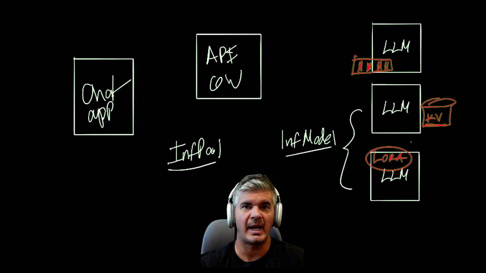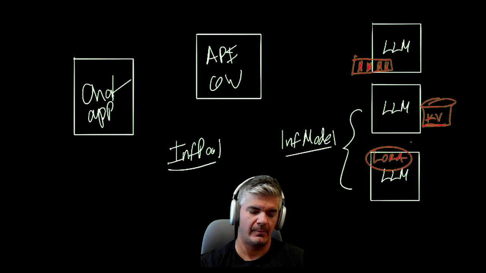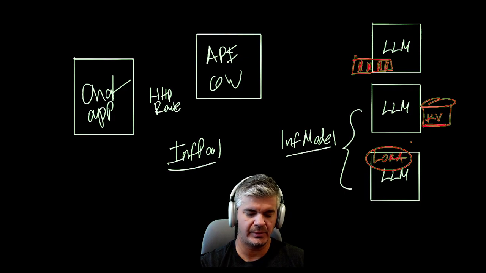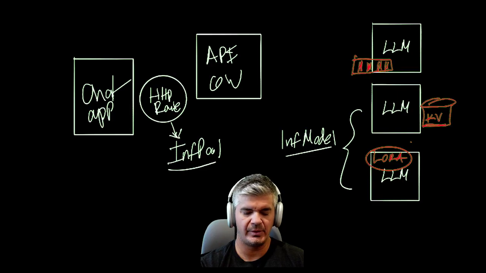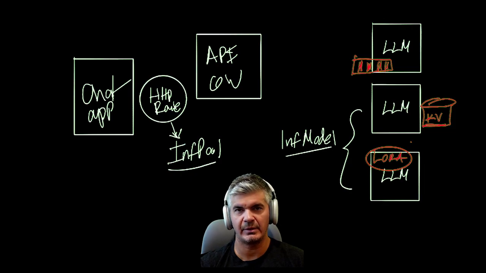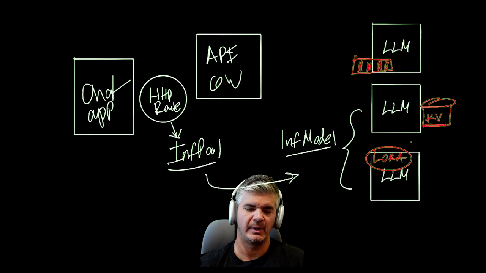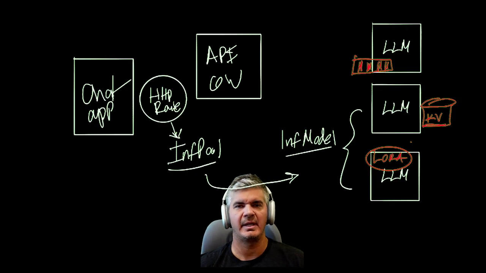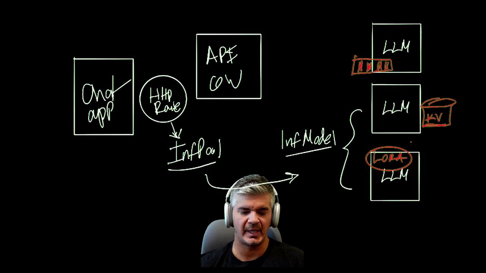So it's a routable target where, if you have your HTTP route resource, you can route that to the inference pool. And just like the inference pool is kind of like a Kubernetes service, the inference model is kind of like a Kubernetes deployment that has LLM endpoints in the back end.